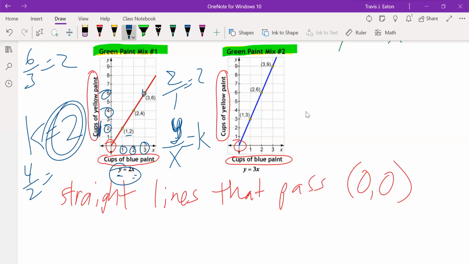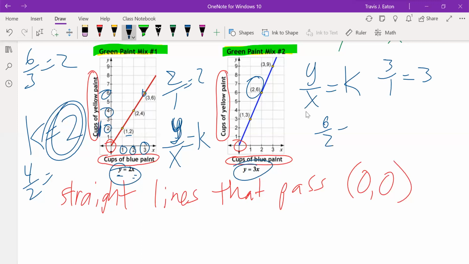Okay. Now, on our other line, the blue line, we have y equals 3x. When we divide y by x, we get our constant. In this case, 3 divided by 1 gives us 3. And 6 divided by 2 also is 3.